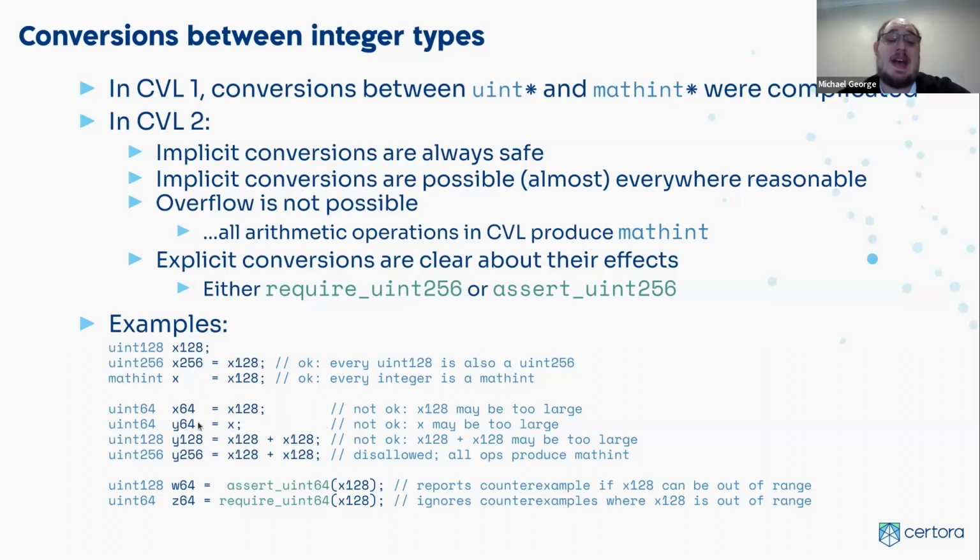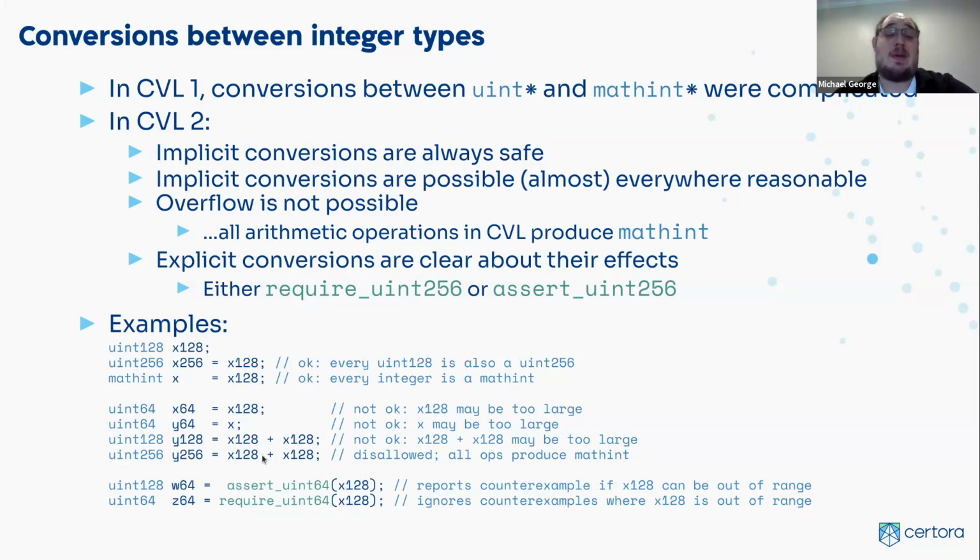Similarly, if I try to assign a math_int to a uint, that'll be disallowed. And as I mentioned, mathematical operations always produce math_ints, so I can't add together two uint128s and store them in a uint128, because this might be bigger than max uint128, and what should happen in that case is unclear. So this is not allowed.